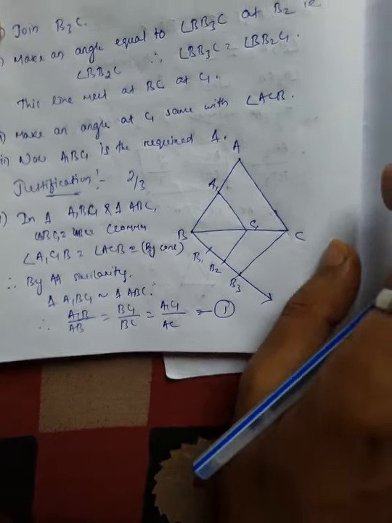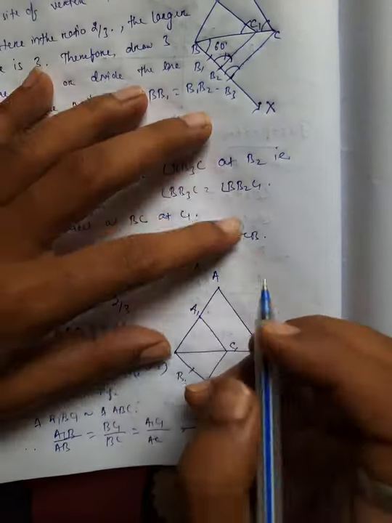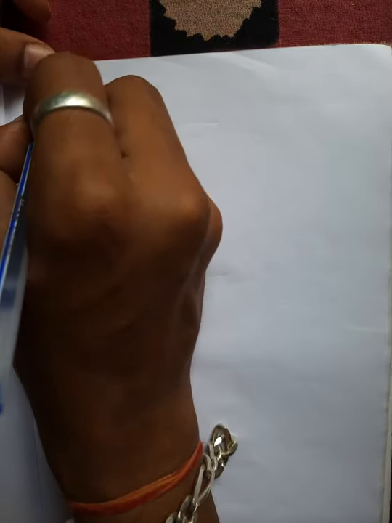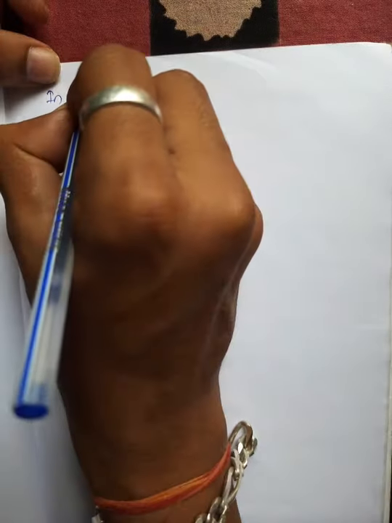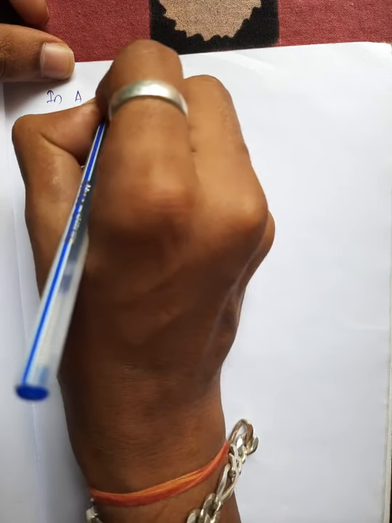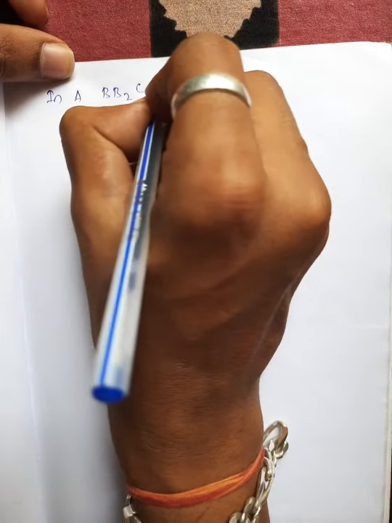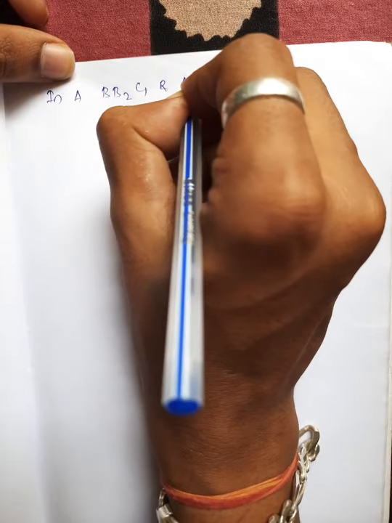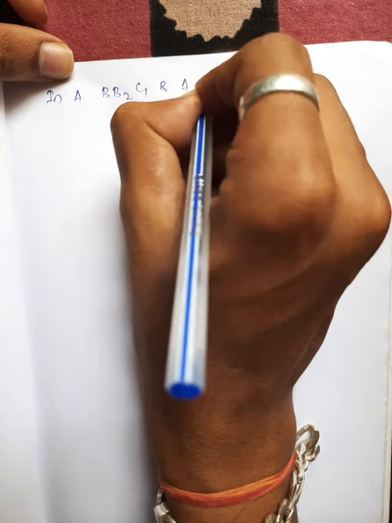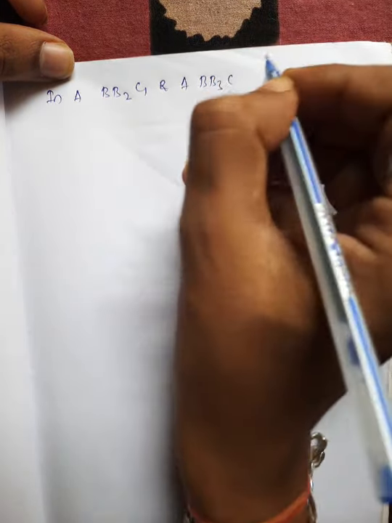We have to prove that in the second case, the same triangle, in triangle B2C1 and triangle B3C.